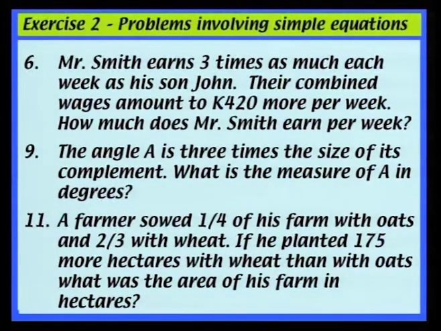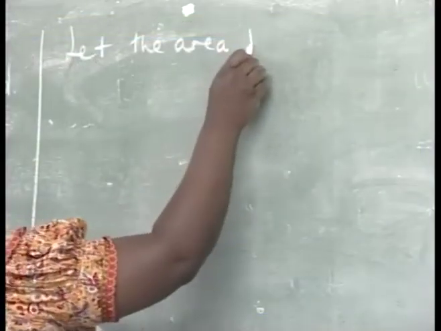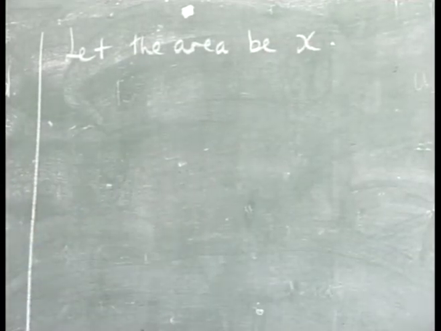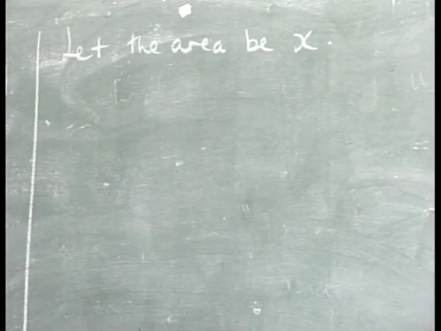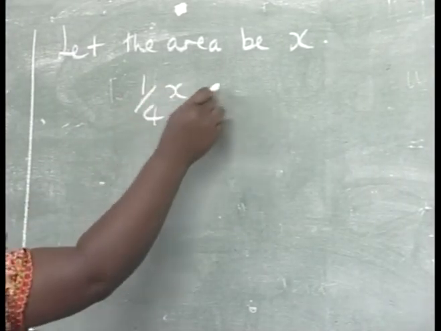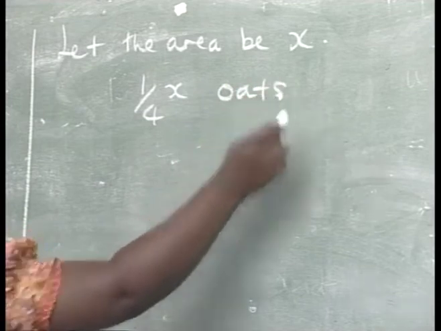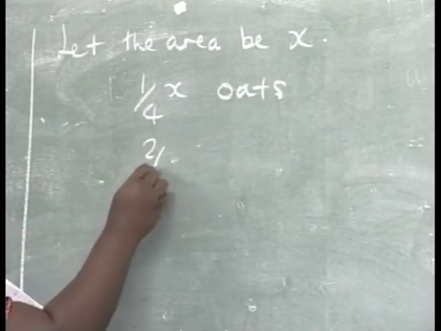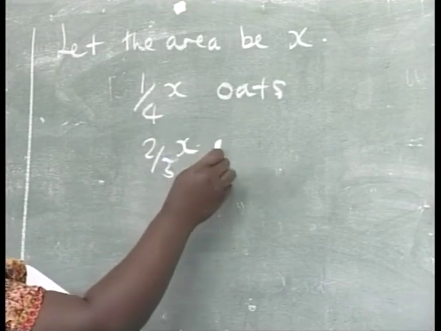So if we say, let the area of the farm be X, 1/4 of the farm was planted with oats. So 1/4 of X was planted with oats. 2/3 of X was planted with wheat.